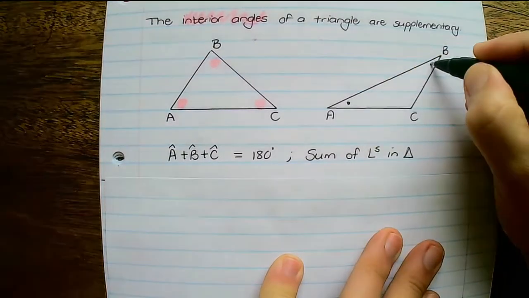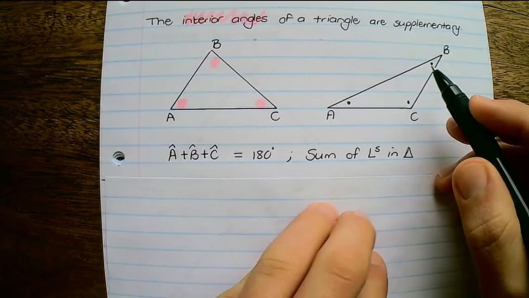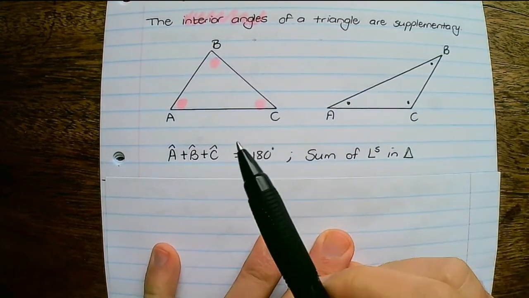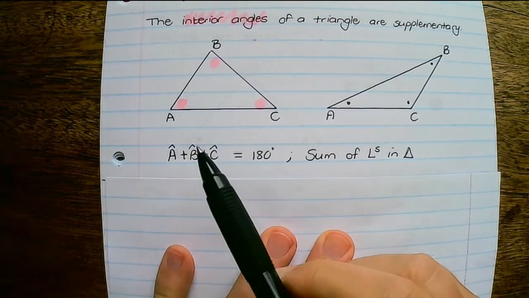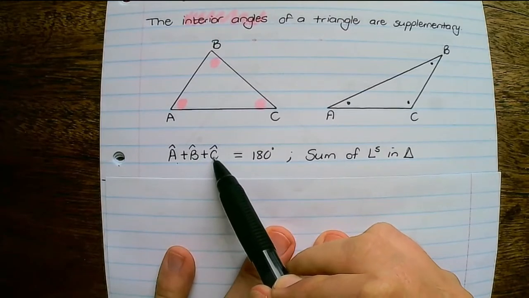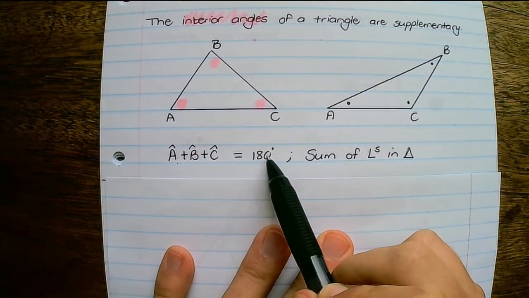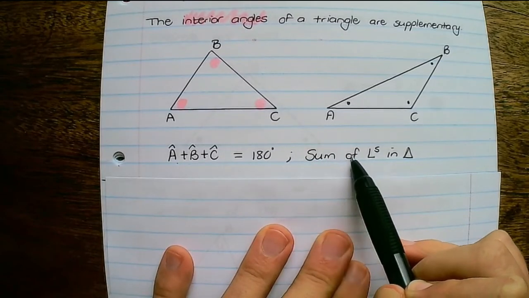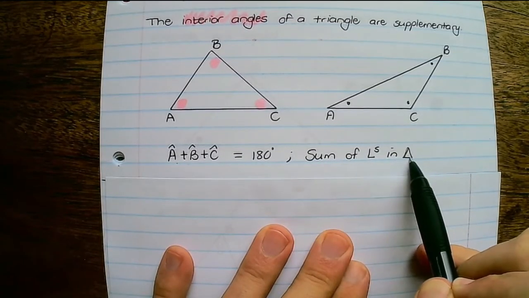Notice in this example, we have two different triangles. They look different, but their properties are the same. So I say angle A plus B plus C is equal to 180 degrees. And my reason is sum of angles in triangle.